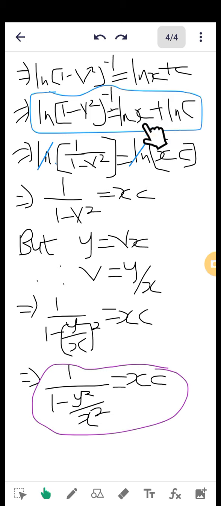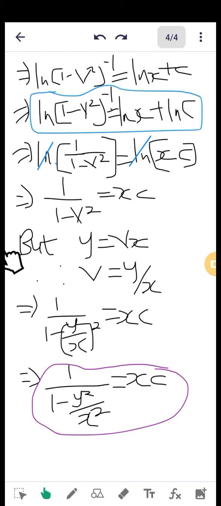So from properties of logarithm, natural log ln, when we are adding, we have to multiply, and that gave us this. So we know that my ln will cancel ln, then finally we are left with 1 over 1 minus v square equals xc.